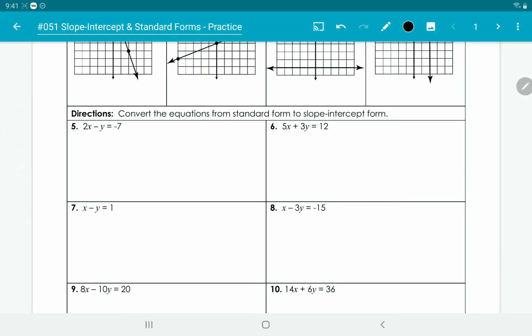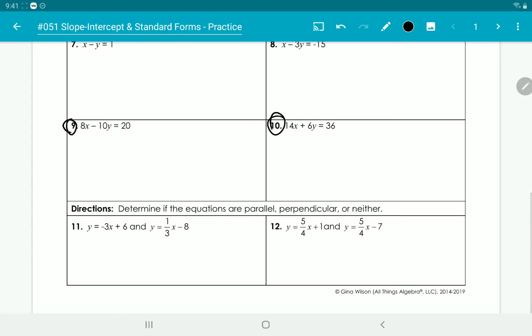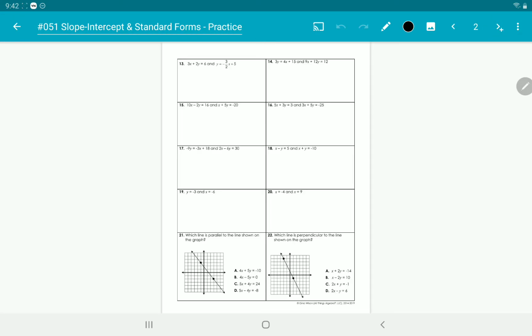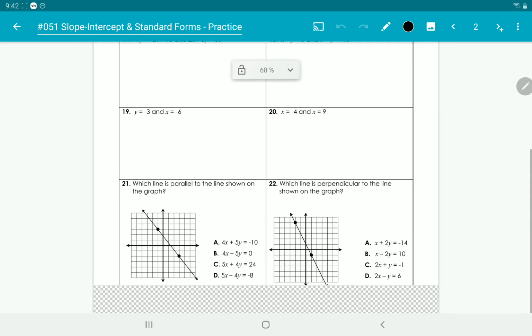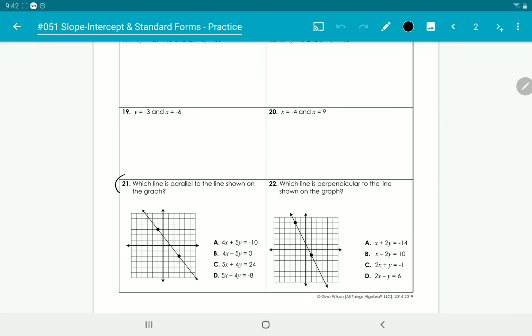Okay. I'll go over number 5 and 9 and 10. Okay. And then I'll go over 11 and 12. And then we can look at 21 and 22 together.